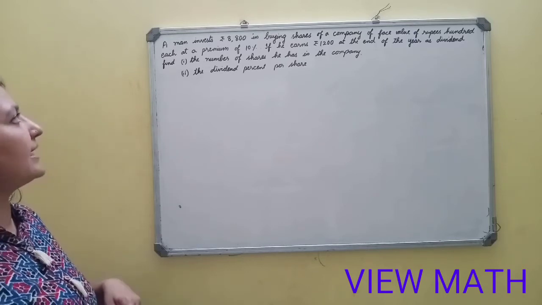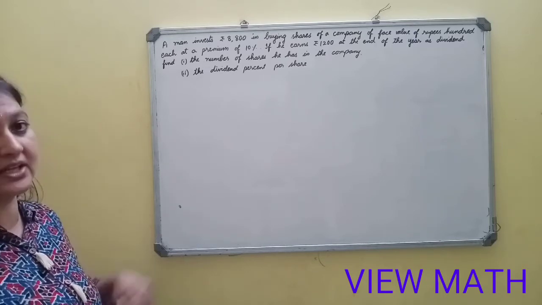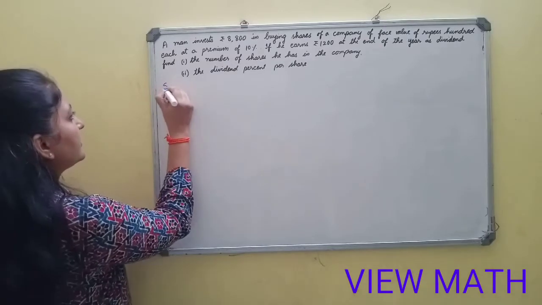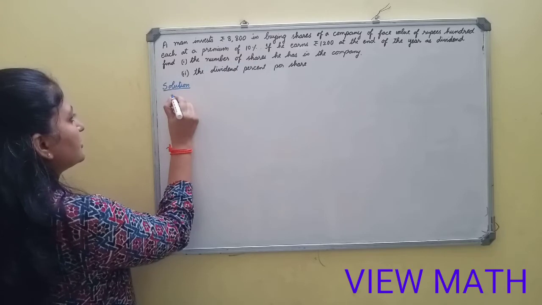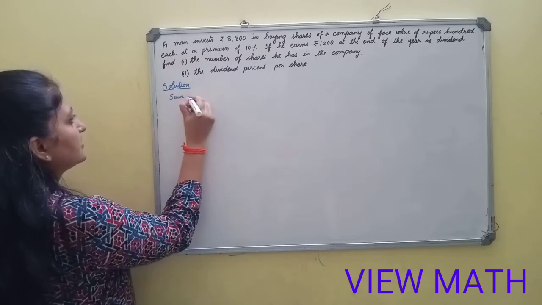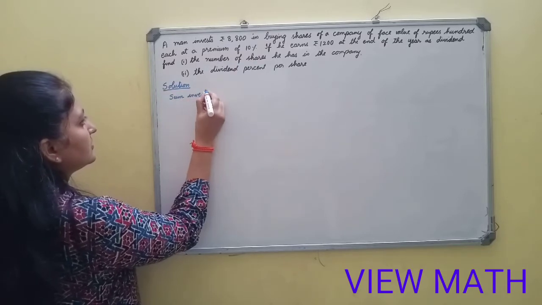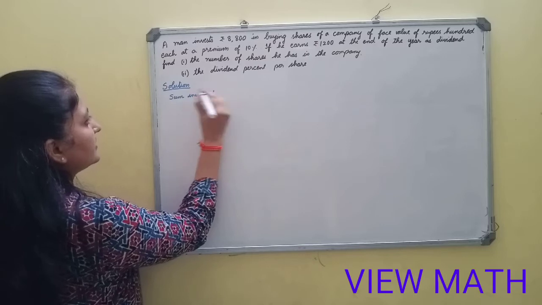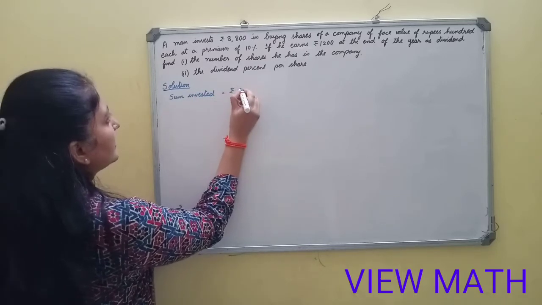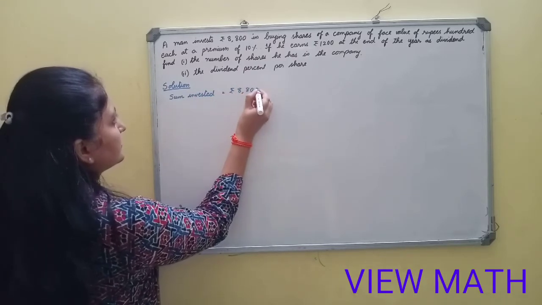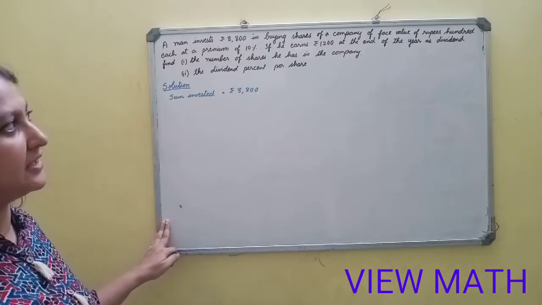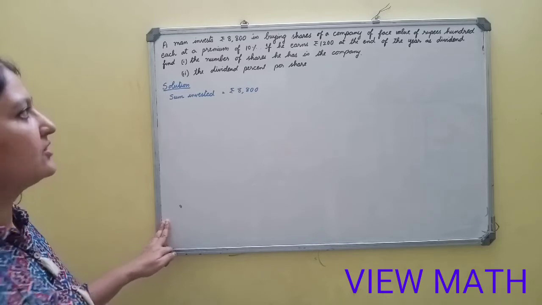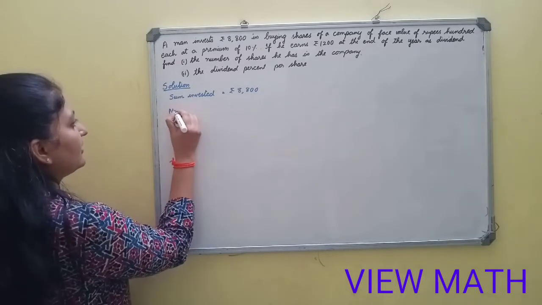So what is given? A man invests 8800. So sum invested, amount invested or sum invested, is equal to rupees 8800 in buying shares of a company of face value of rupees 100 each. Face value, that is nothing but the nominal value.